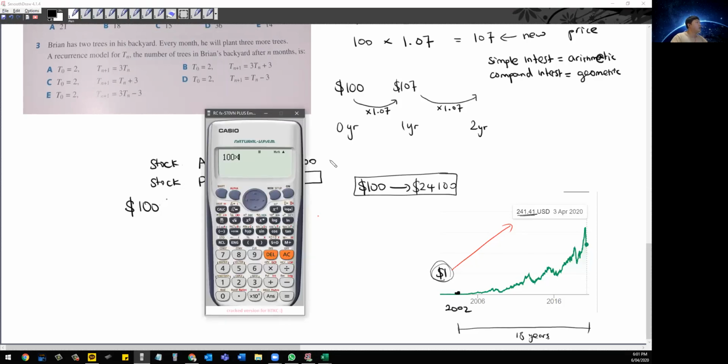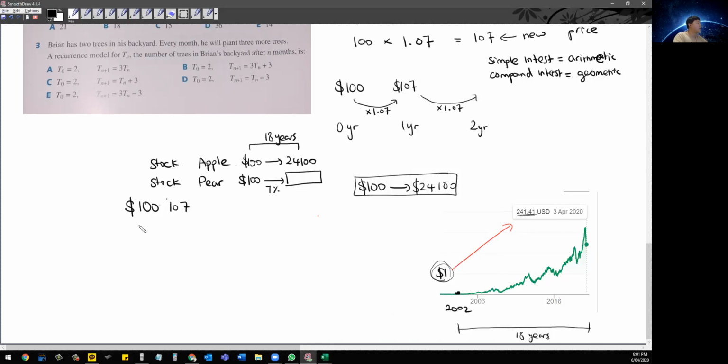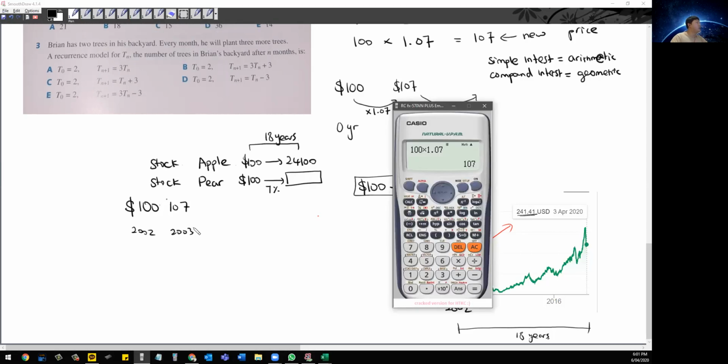What you need to do is just keep multiplying by 1.07. So that's going to be $107 next year. This is 2002, this is 2003. Over 18 years, all you have to do is 100 times 1.07 to the power of 18.